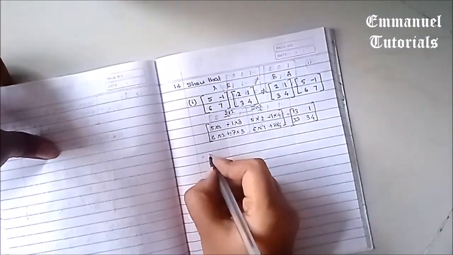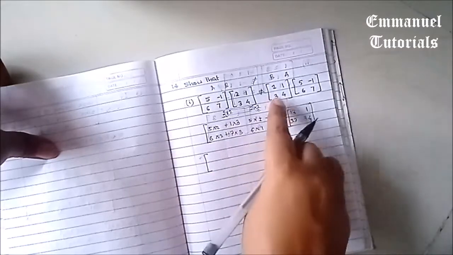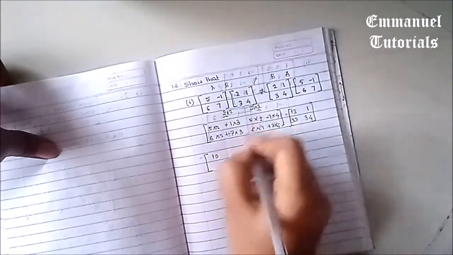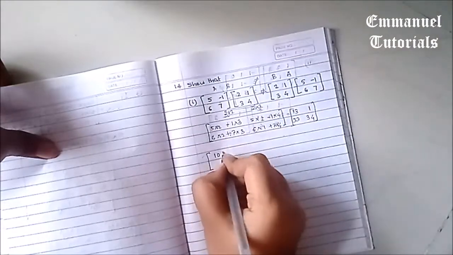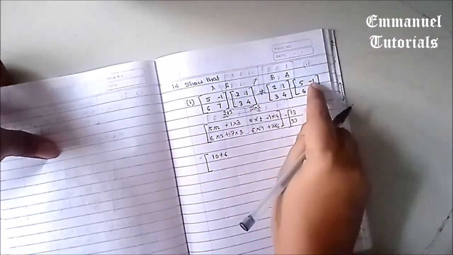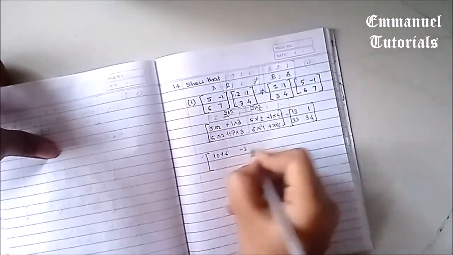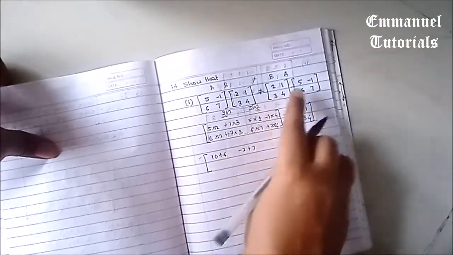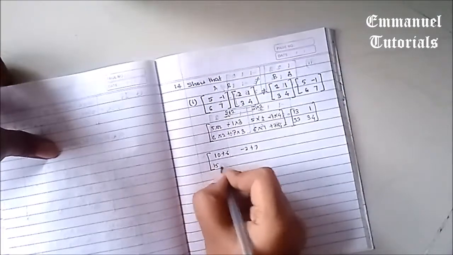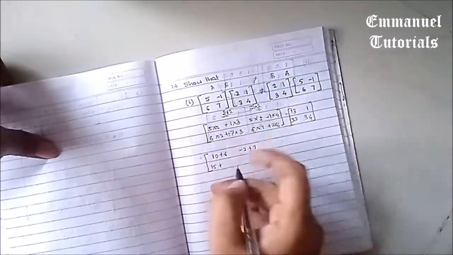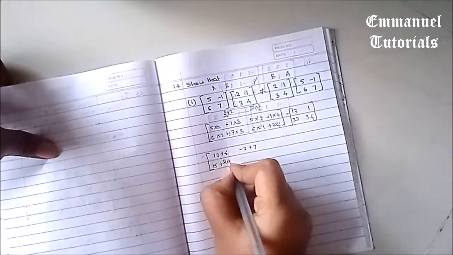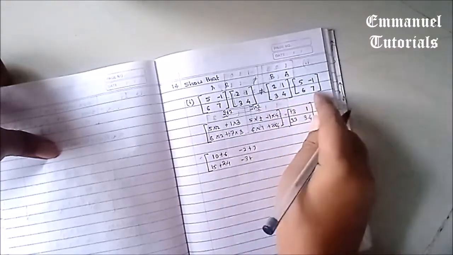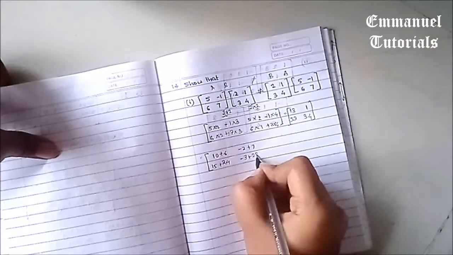Now let's find out B into A. 2 into 5 is 10 plus 1 into 6 is 6. 2 into minus 1 is minus 2 plus 1 into 7 is 7. 3 into 5 is 15 plus 4 into 6 is 24. 3 into minus 1 is minus 3 plus 4 into 7 is 28.